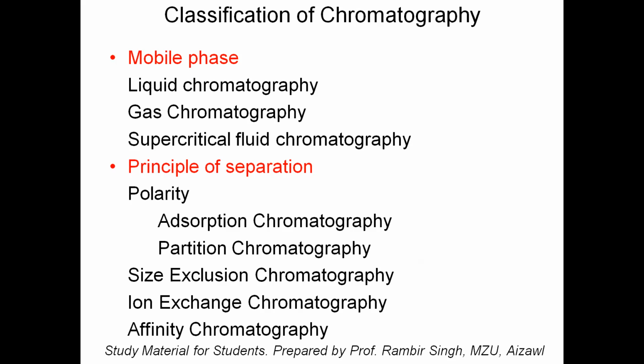So first, we made the stationary phase inert. That means the interaction of the sample molecule with the stationary phase is not on the basis of polarity. It is on the basis of size.